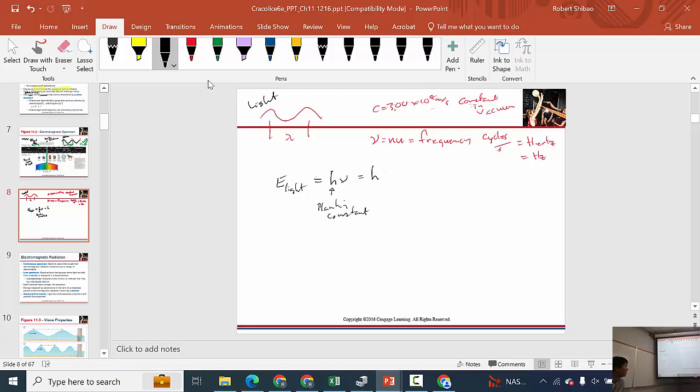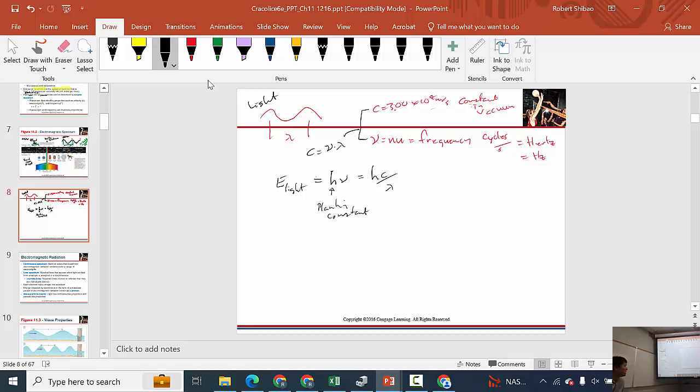Or it's equal to h times c over lambda, because the relationship between c and nu is given by this equation. That is, c is equal to nu times lambda. The speed of light is equal to the frequency times the wavelength.